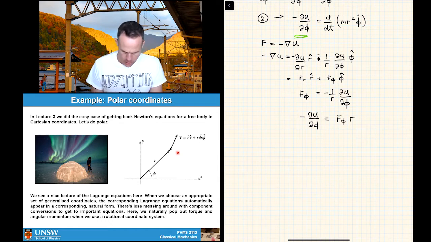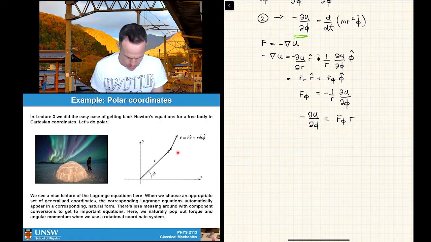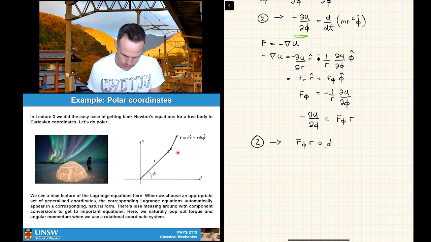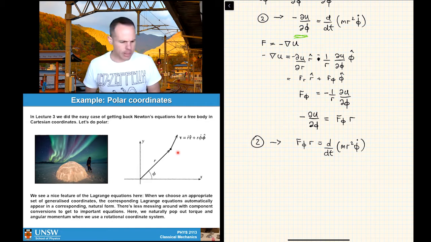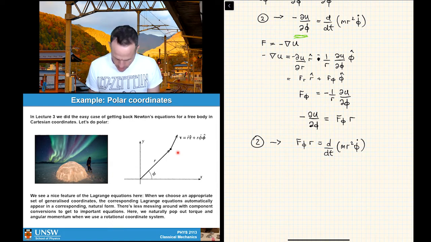Okay, so we can come back to our equation 2 now, and we can write it as F_φ r is equal to d/dt of m r squared phi dot, okay? And it might be tempting at this point to actually deal with the time derivative on the right-hand side, but you've got to resist that temptation for the moment, because you know that the angular momentum is equal to m r squared omega, right?